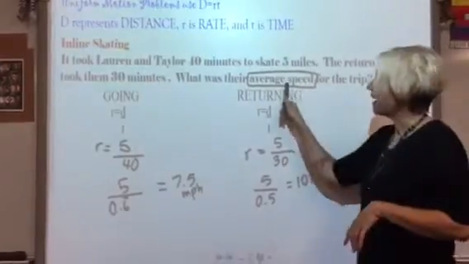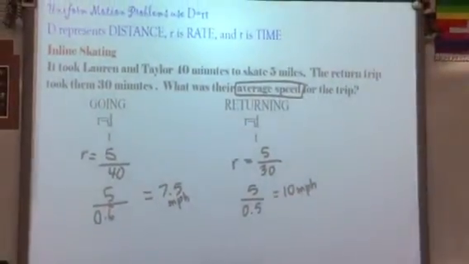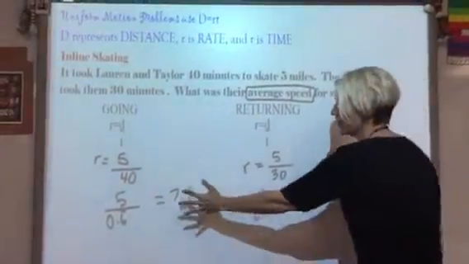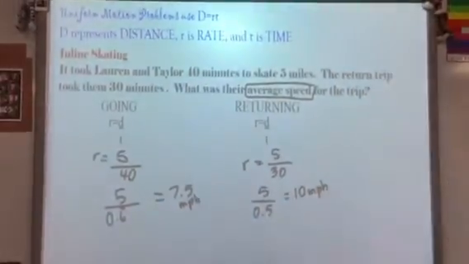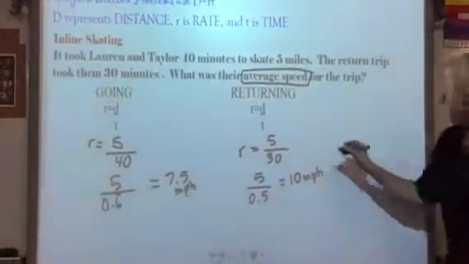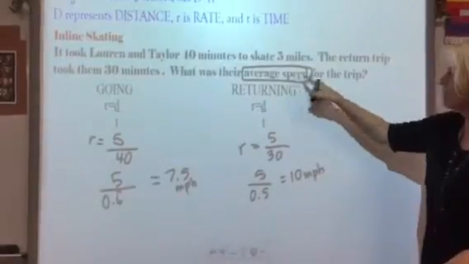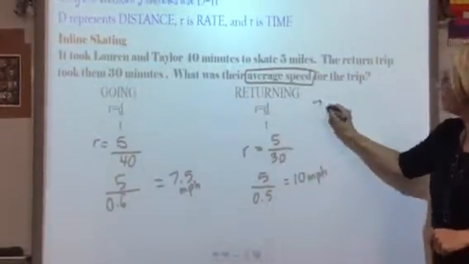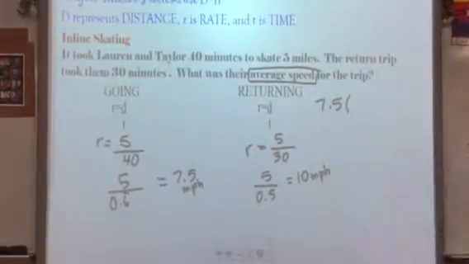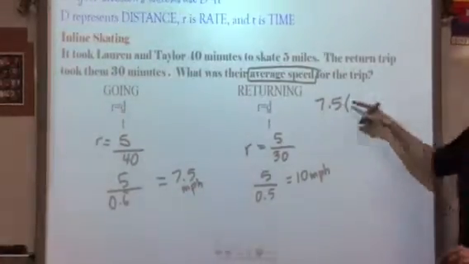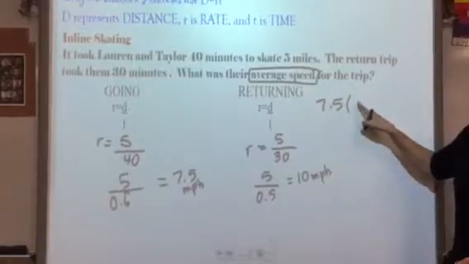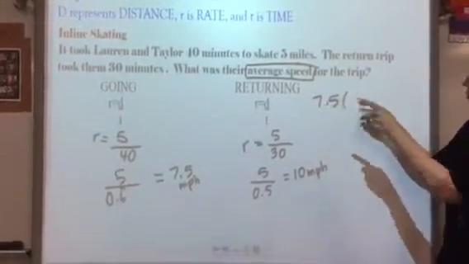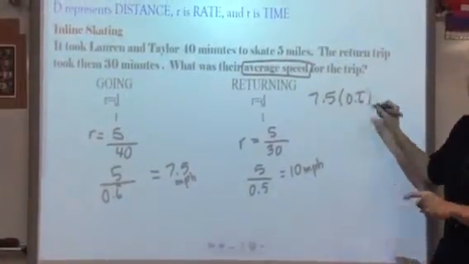So to find their average speed, we're going to find the average together. Because average speed is miles per hour, we're going to take this rate, which is the 7.5, and multiply that by the time that we were going there. So that's that 0.6 repeating.